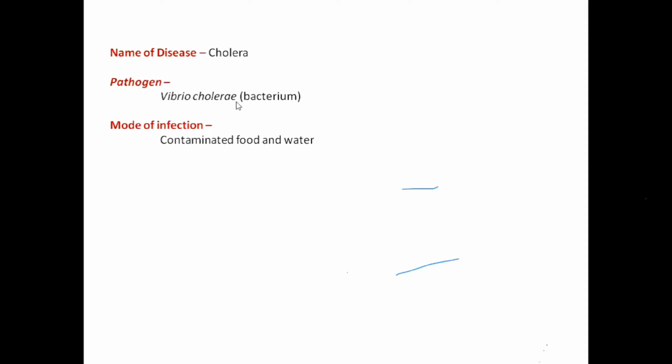Vibrio cholerae is one of them, and from the name of the pathogen the disease has got the name cholera. Again, the mode of infection is contaminated food and water. This is the image of Vibrio cholerae, which we studied in the first topic. I will provide you the link of the video I made and uploaded on YouTube. Watch it again.